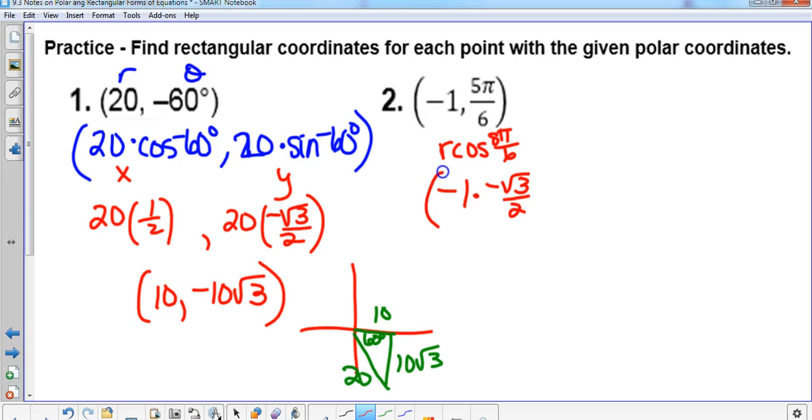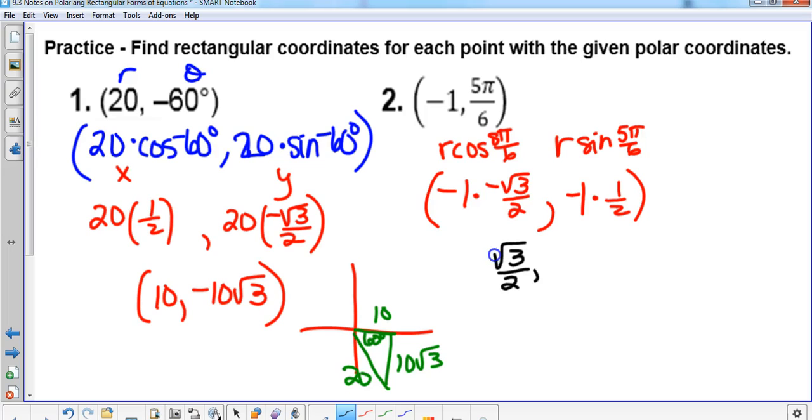Okay. And r times the sine at 5 pi over 6 will be negative 1 times positive 1/2. What's that become? Positive and negative, yes? Okay.